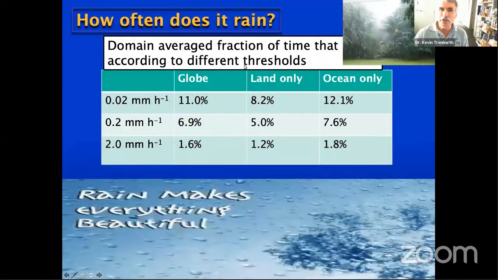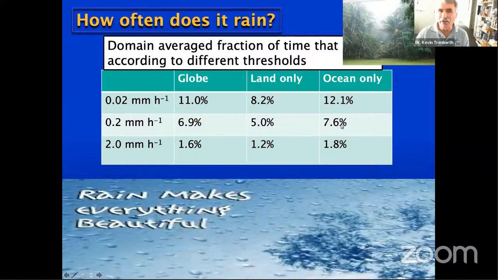And so these are the numbers averaged over the globe, the land only and the ocean only, at these 3 different thresholds for basically not much more than a trace, moderate rains and heavy rains. And you can see for the globe, it's about 11%, but over land where most of us live, it's about 8%, and the ocean is higher.